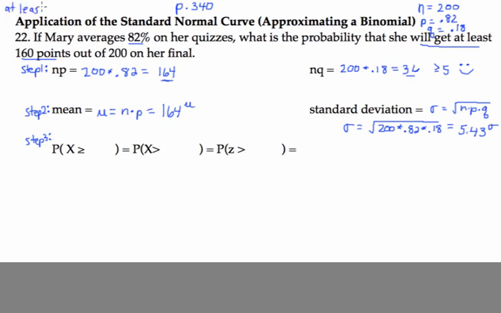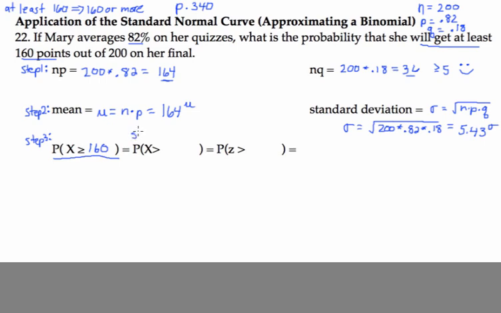At least 160 means that she gets 160 or more. So how do I write that? Well, it's right here. The probability that the score is greater than or equal to 160.